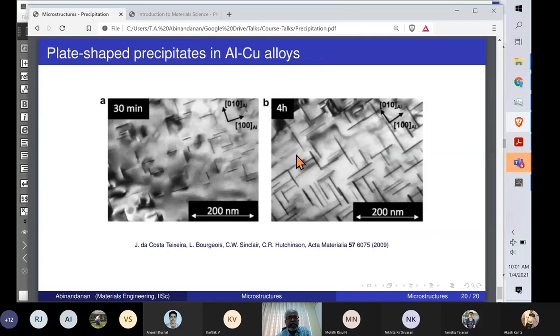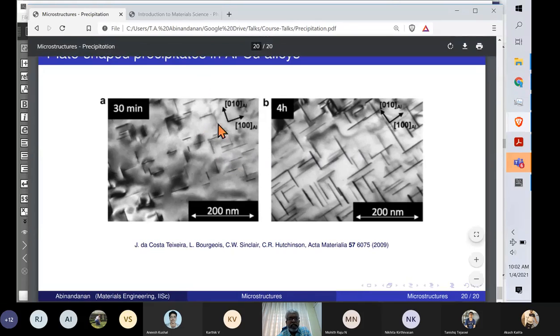Really, really nice stuff. And so aluminum copper alloys, again, are an interesting class of alloys. We will discuss the importance of aluminum, copper, and related materials a little later. Again, you see all these really nice, interesting plate-like precipitates within this material with this type of size.